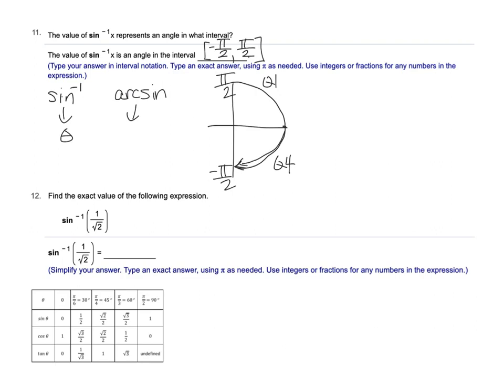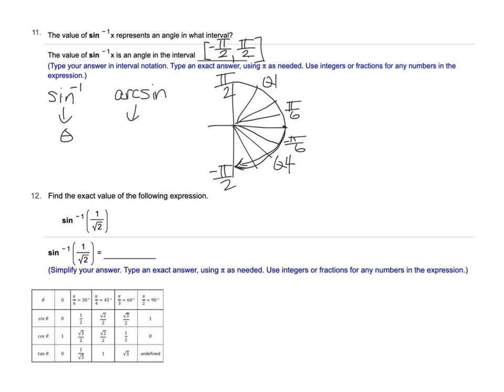That makes it kind of easy because now our angles over here are like pi over 6, pi over 4, and so on. And angles in quadrant 4, we're just going to write them as negative pi over 6, negative pi over 4, negative pi over 3. So that's how we work it.